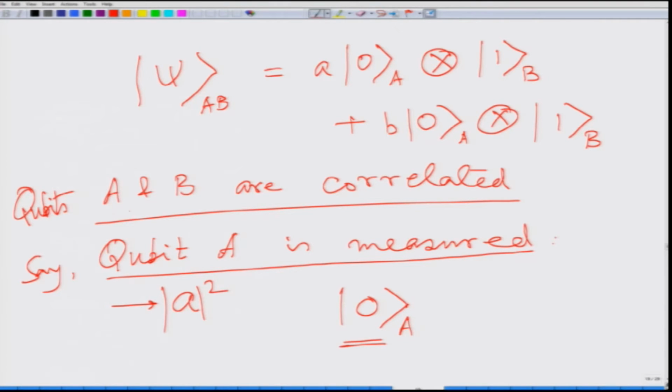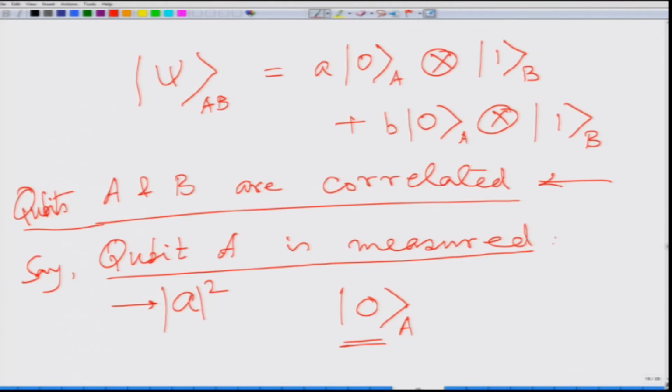Say I have qubits A and B, and I prepare them in such a way that I have this mixture, and this mixture is when I say that my qubits A and B are correlated, right.